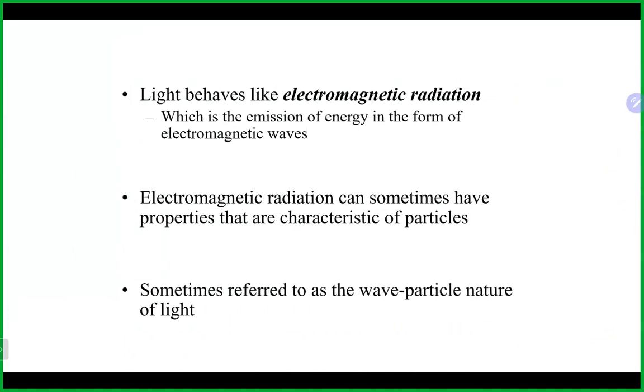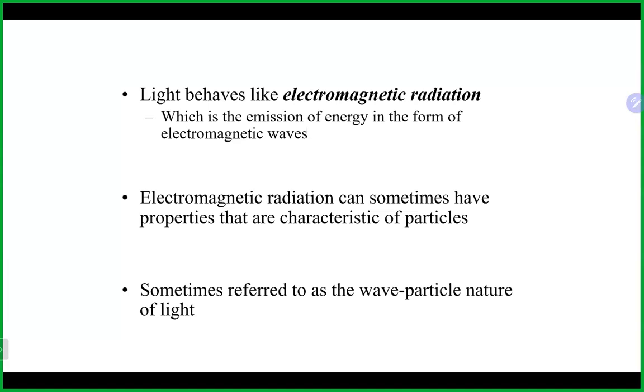Now, light does behave like electromagnetic radiation, which again is this emission of energy in the form of waves. And electromagnetic radiation sometimes has properties or characteristics of particles. A lot of what you talk about with quantum theory is this idea of the dual nature of light. The idea here is some things like waves can have particle-like function, so they can behave like particles.